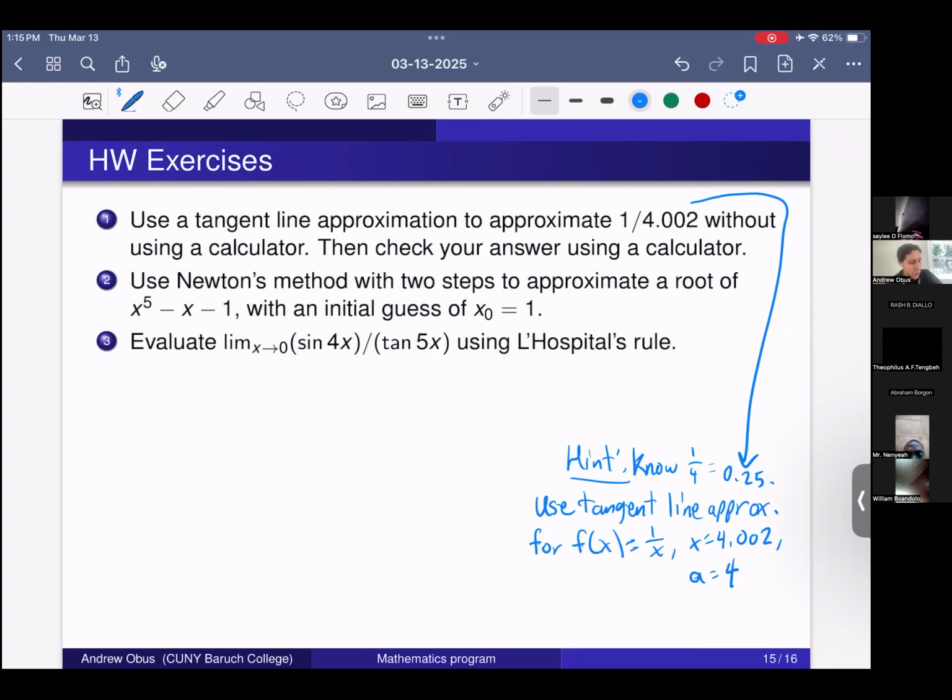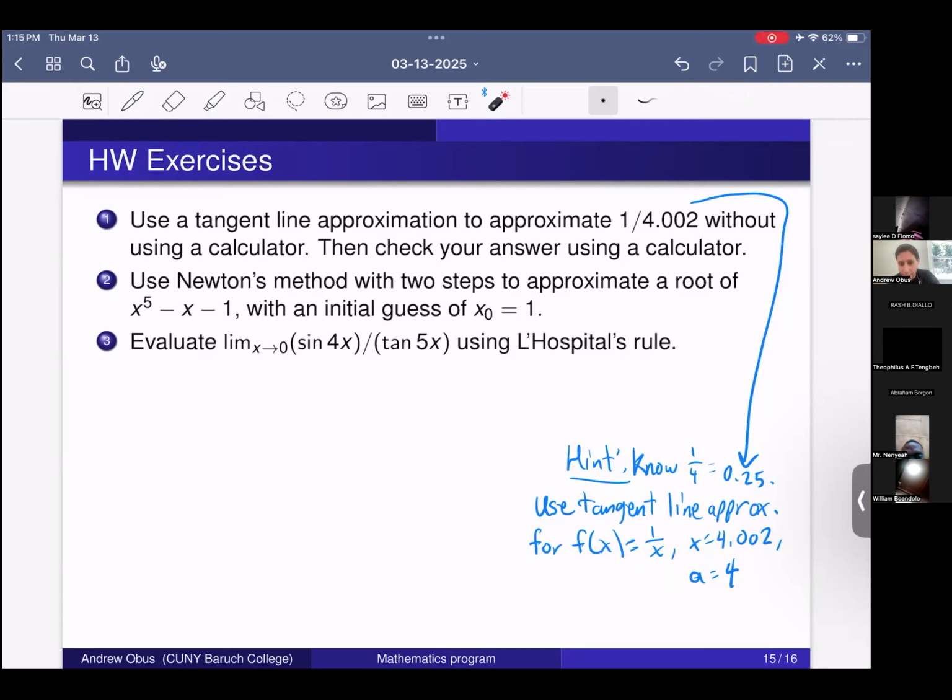So if you use the tangent line approximation formula with f of x equals 1 over x, x equals 4.002, and a equals 4, then you'll be able to get a good approximation for 1 over 4.002 without having to use a calculator. In this case, your approximation is going to be really good, to about 5 decimal places.